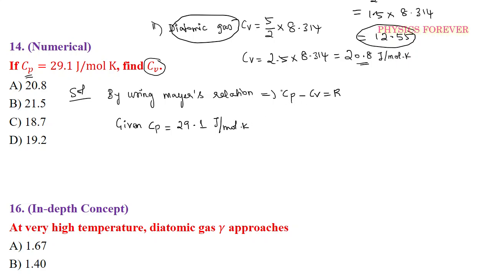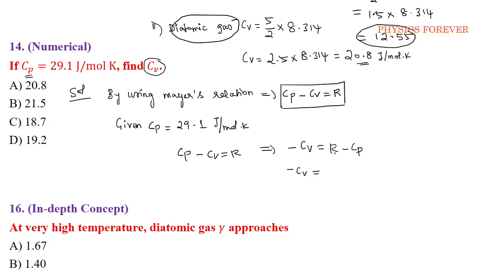So we know Mayer's relation: Cp minus Cv is equal to R. We have to find Cv, so we have to rearrange this. What they ask us to find is the specific heat capacity at constant volume, Cv. Taking Cp to the right-hand side, minus Cv is equal to R minus Cp.